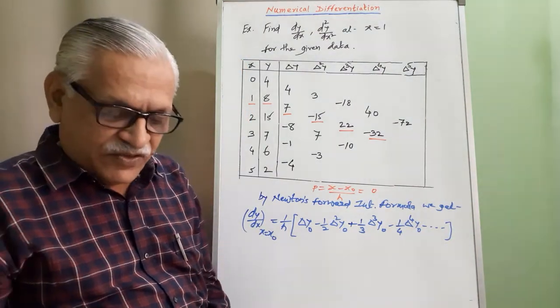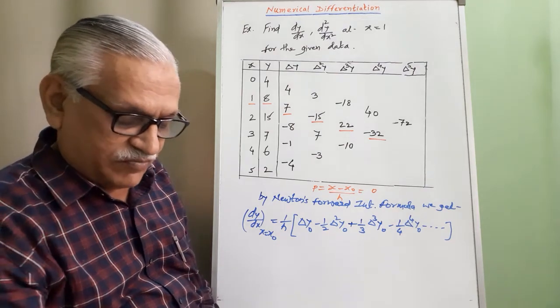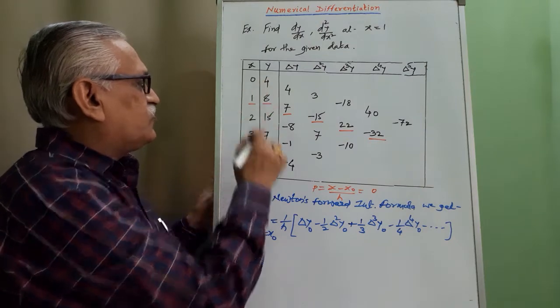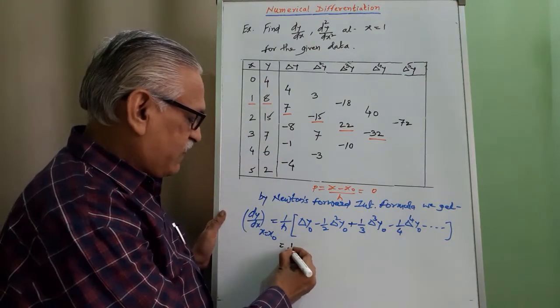And then substituting the corresponding values. Here the value of h is the difference between these two, which is 1, therefore 1 by 1.